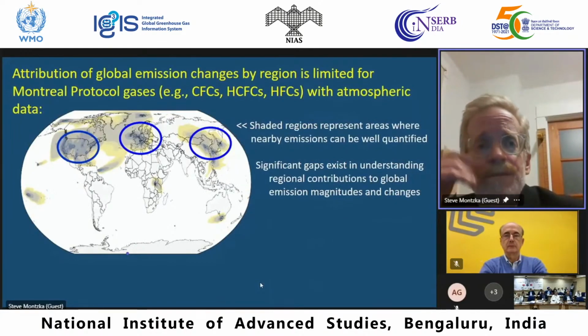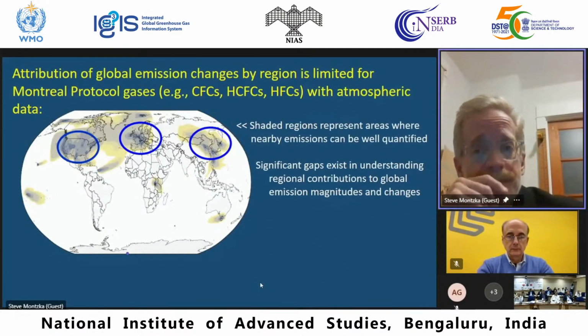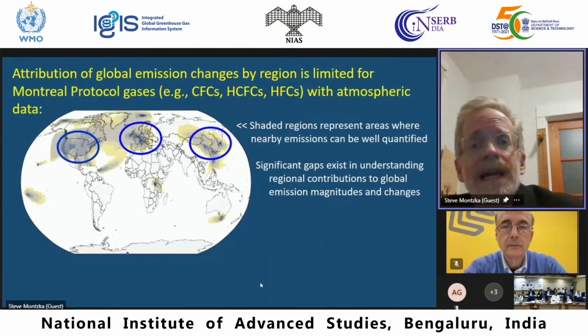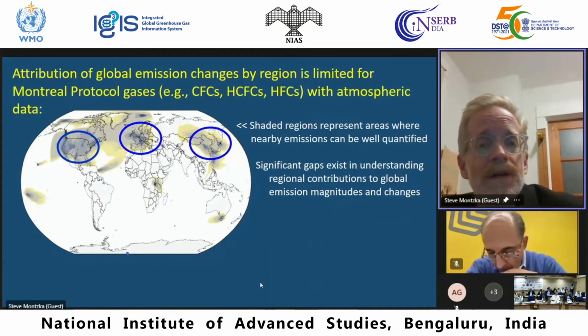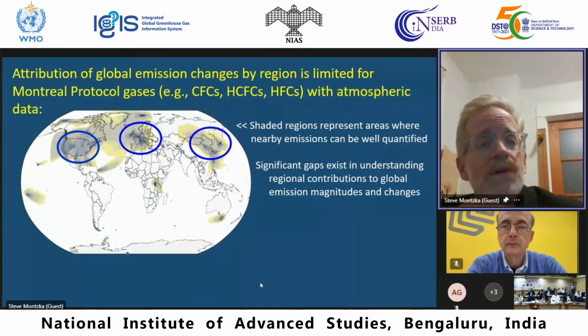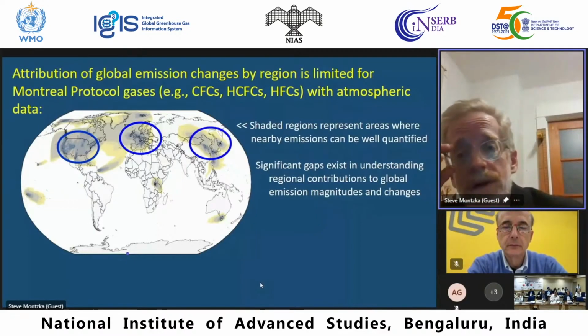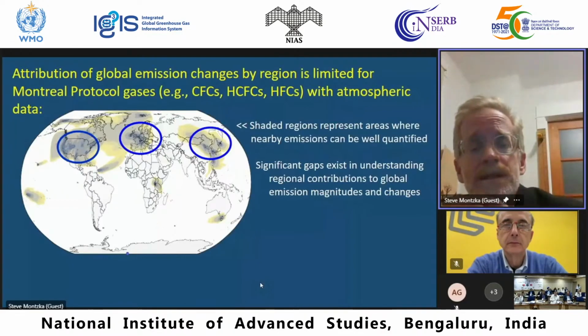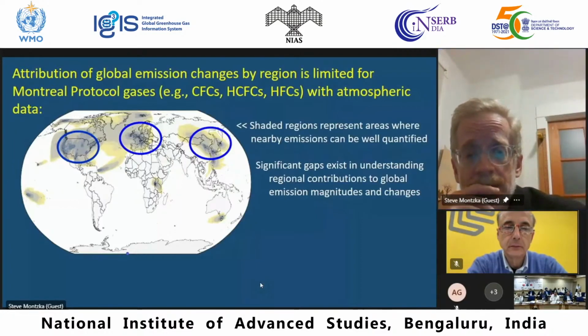When we're talking about attribution of global emission changes by region, our ability to do that is quite limited for Montreal Protocol gases. By Montreal Protocol gases I mean CFCs, chlorofluorocarbons, hydrochlorofluorocarbons, and also the hydrofluorocarbons. So our attribution of global changes is limited on regional scales using atmospheric data.